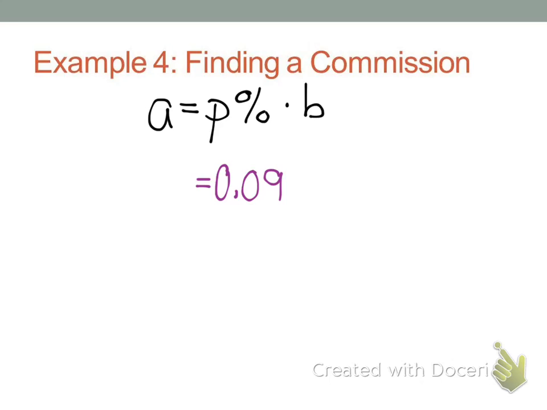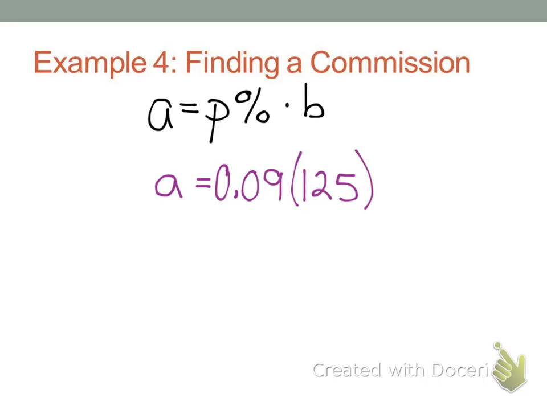So times 125. Now, a commission is going to be a part of what the total sale was. So that's what I'm solving for, which is A. Do you see how we figured out which goes where? Our B value is our whole or our total, and our A value is our part. So we just have to figure out which one the word problem is giving us.